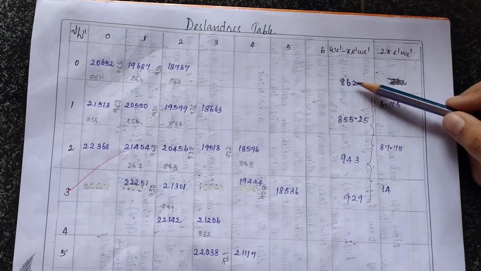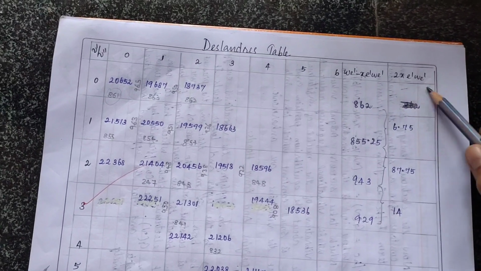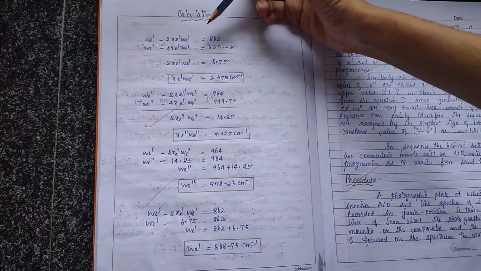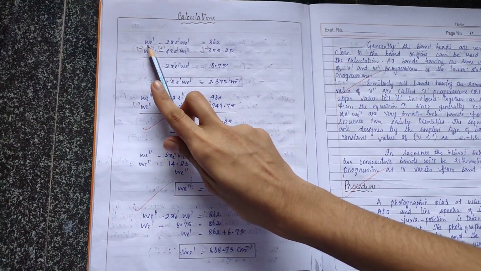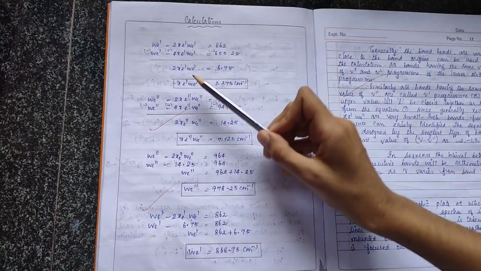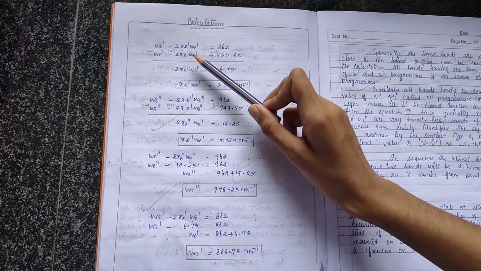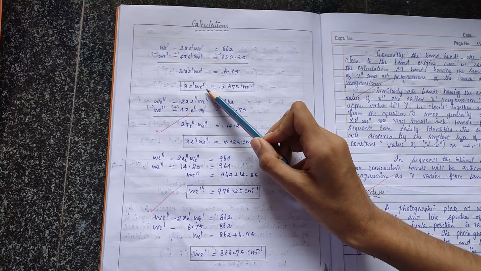The difference of these two is nothing but 6.75, that is 2xe' we'. Now from the Deslandres table, we will take the values of we' minus 2xe' we'. Similarly, for this value, we will take these values and substitute in this formula and calculate the xe' we'.